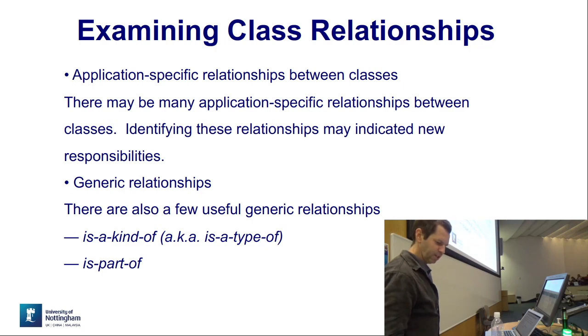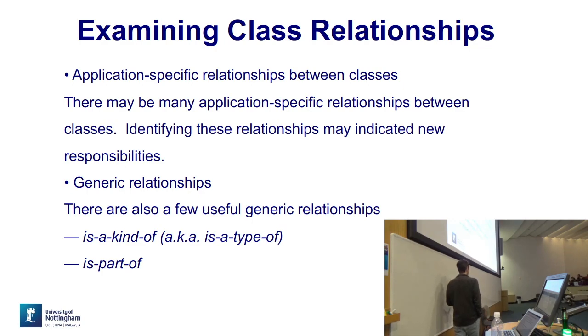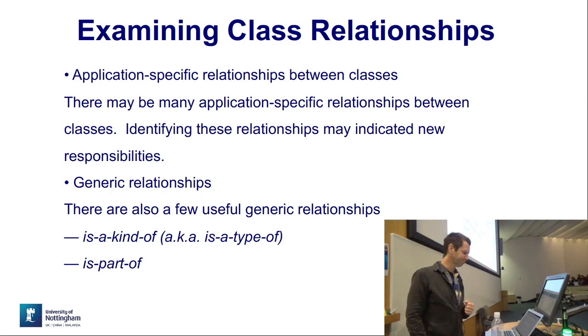Apologies that this is at the end with the last 5 minutes, but this is actually really important. Examining class relationships, a lot of people don't understand this very, very simple concept, including developers, by the way. So there are generic relationships between objects, and we're going to talk about some of them here, right?